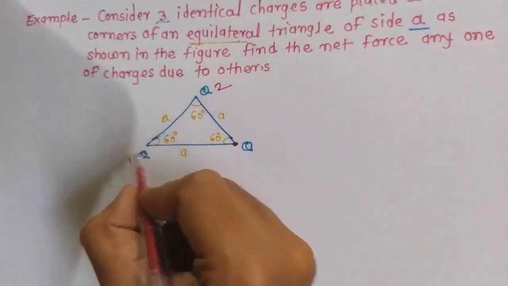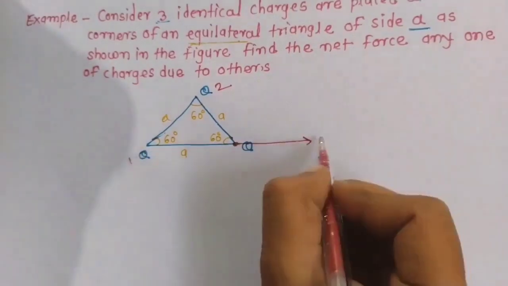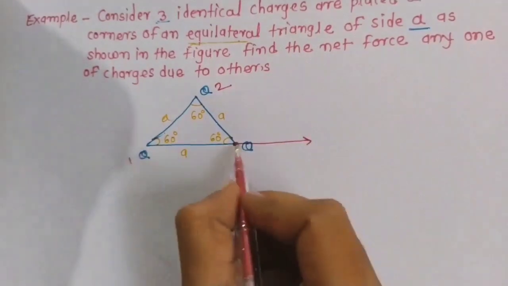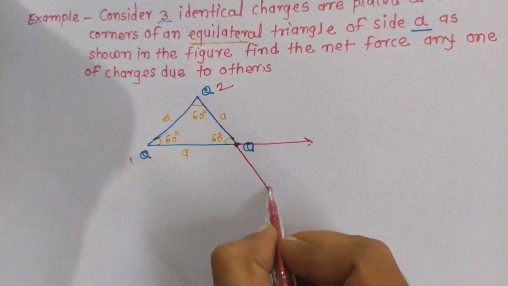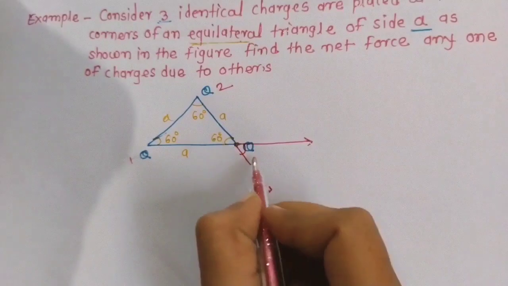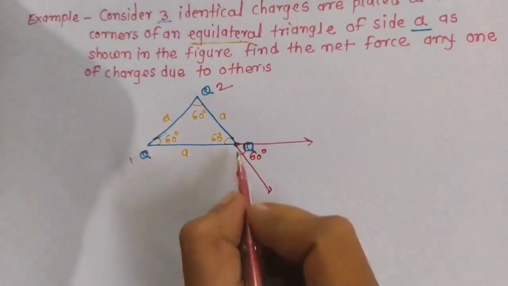Both charges are positive, therefore they repel each other and the direction is away from the charge. Again these two charges are positive and the direction is away from the charge. The angle is 60 degrees.